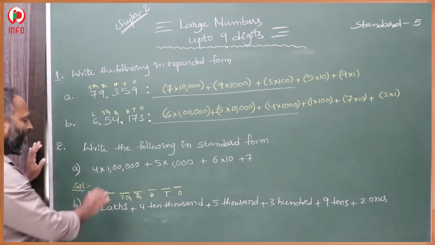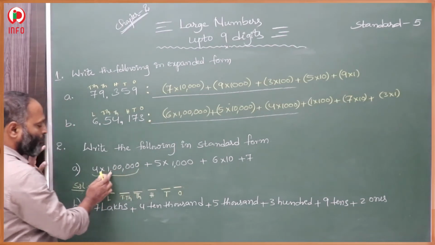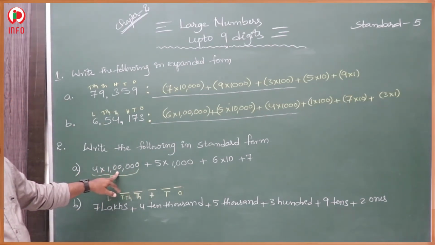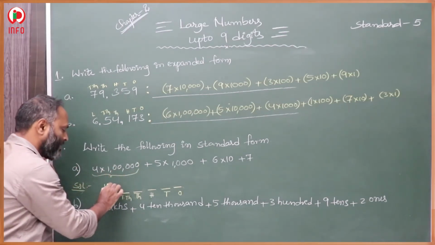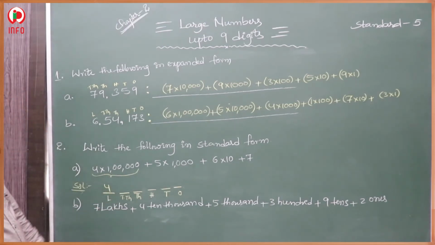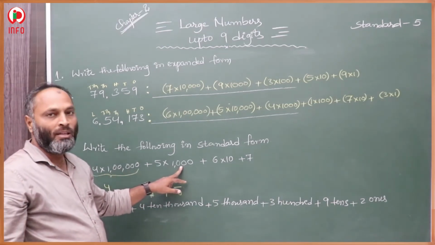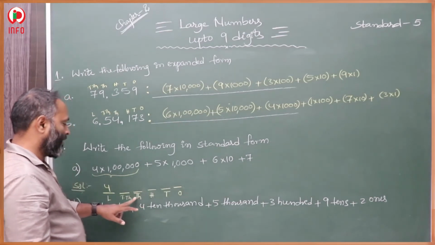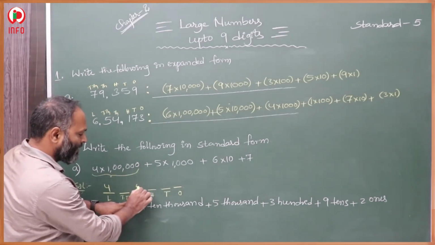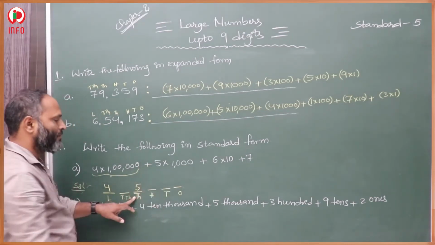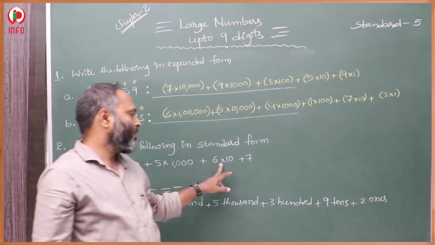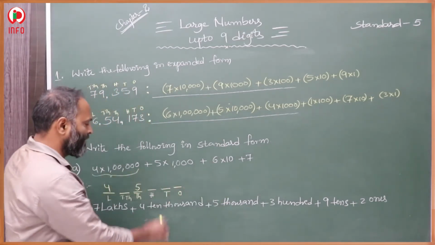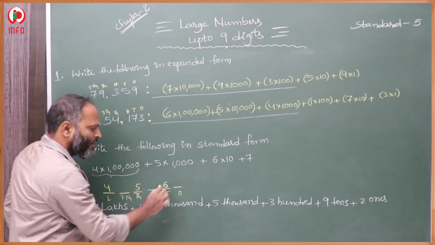From here to here, 4 is multiplied with lakh, which means 4 is in the lakhs place. Then 5 is multiplied with 1000, so 5 is in the thousands place. Then 6 is multiplied with 10, so 6 is in the tens place.